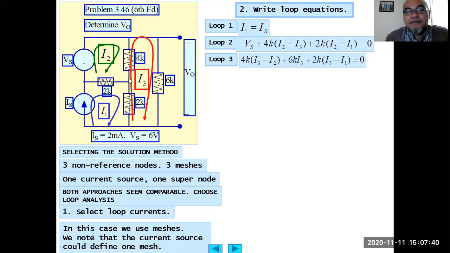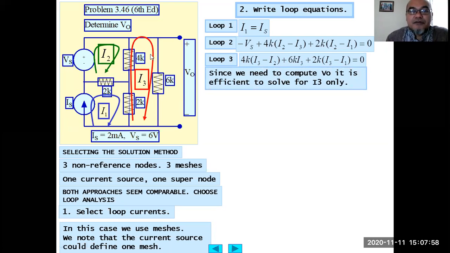At loop 3, we start from here: 4K multiplied by (I3 minus I2), then 6K multiplied by I3, then plus 2K multiplied by (I3 minus I1).